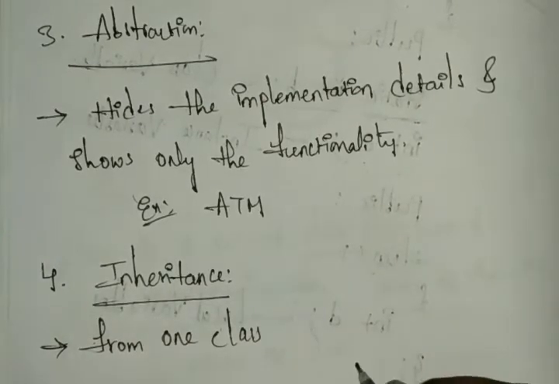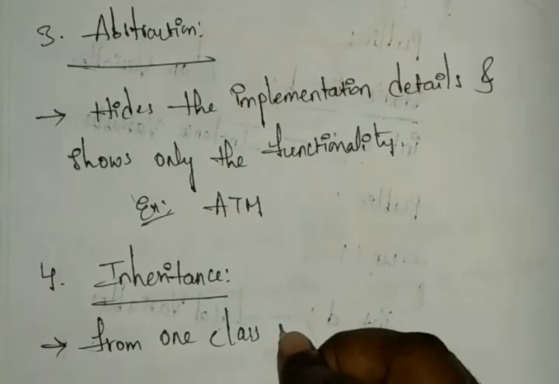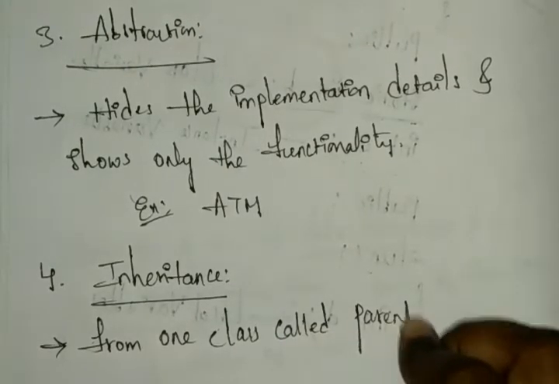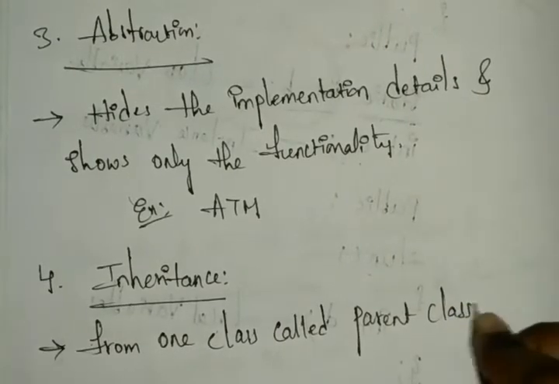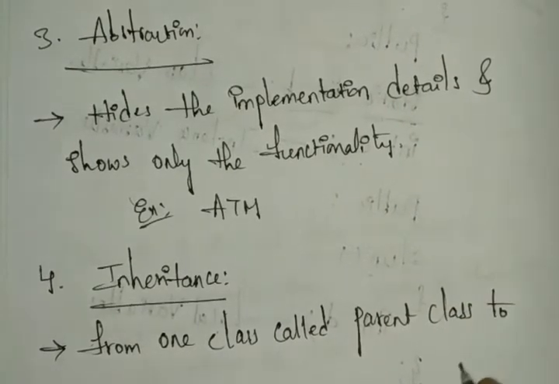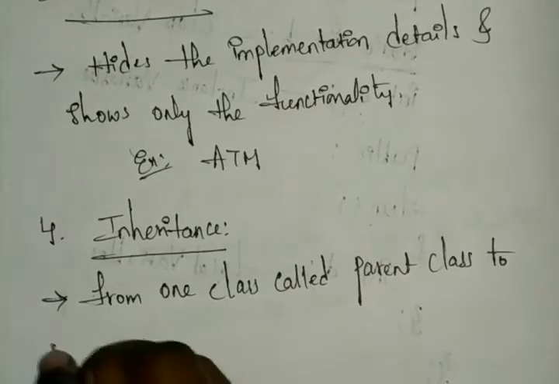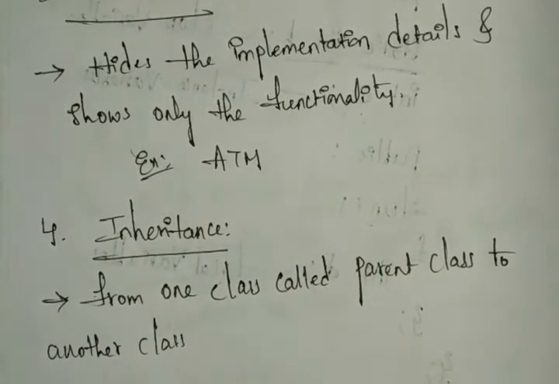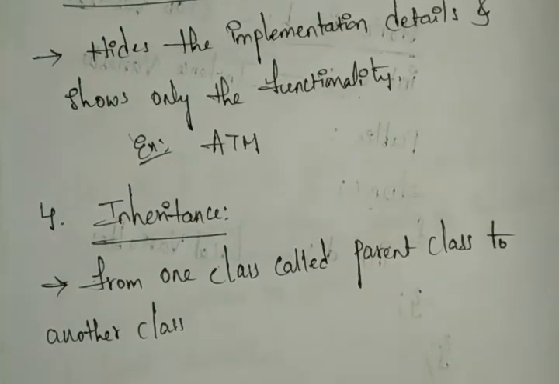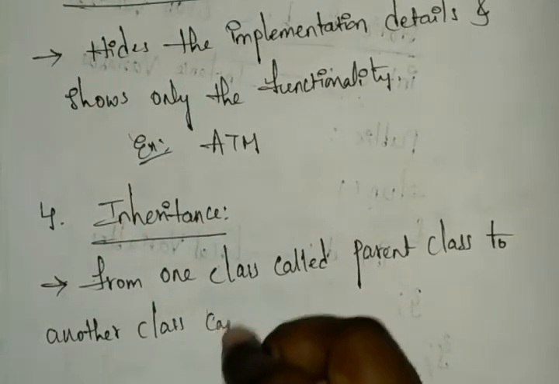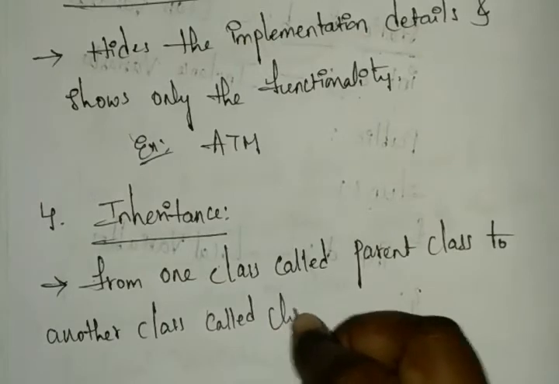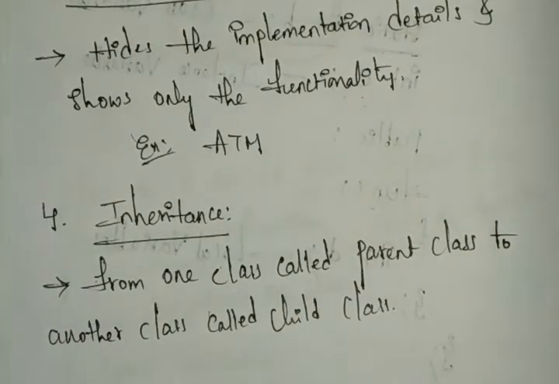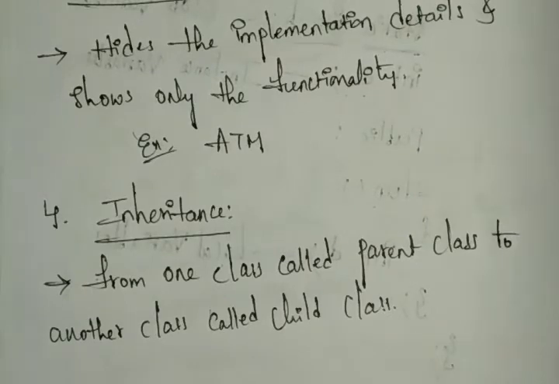The one class we call the parent class, and that is moving to another class. The other class we choose is the child class. Inheritance is done in a parent and child manner.